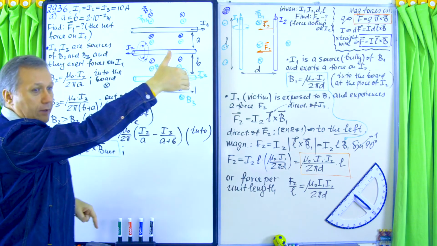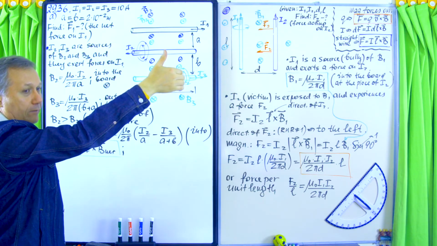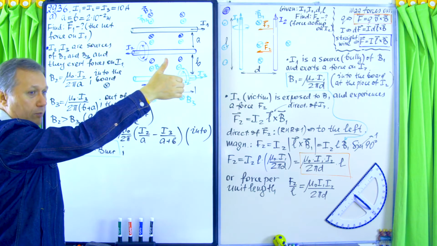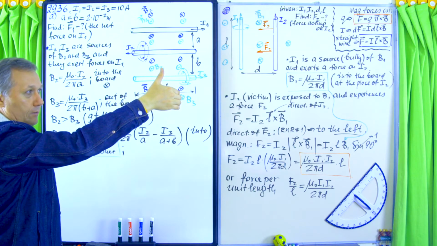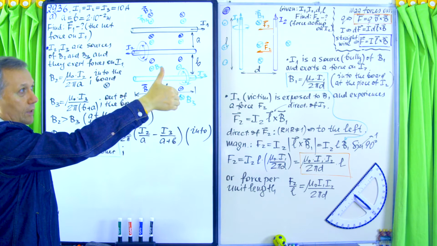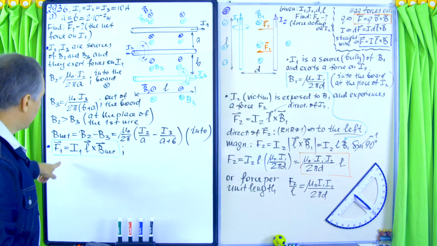So you see my fingers, I bend my fingers into the page, into the board in the direction of B net, right?